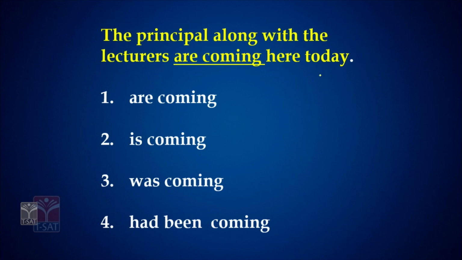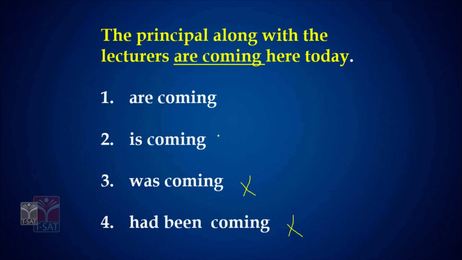And today again the tense marking. So, you cannot say was coming, we cannot say had been coming because 3 and 4 are marked for past tense, but here today is given in the sentence. So, there must be agreement of time. But the point is, shall we say the principal along with the lecturers are coming or is coming?